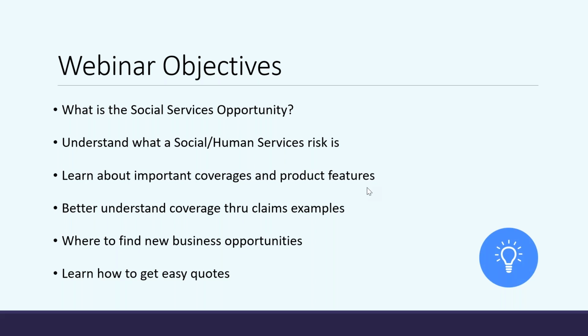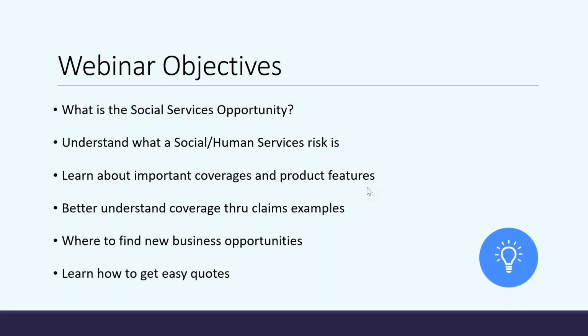As far as the different objectives that we're going to go through, again, what is social services? What exactly are we talking about? Understand how they're covered and how USLI can provide the different coverage, how we've looked at different opportunities, and really tried to understand not only what these organizations do, but also how they should be covered from an insurance perspective. We'll look at some claim examples that'll probably help illustrate exactly what we're talking about.